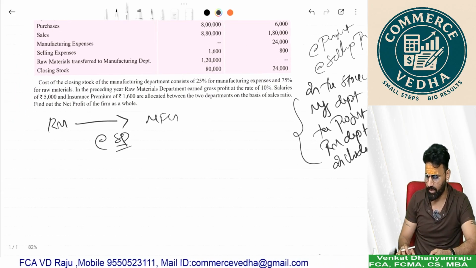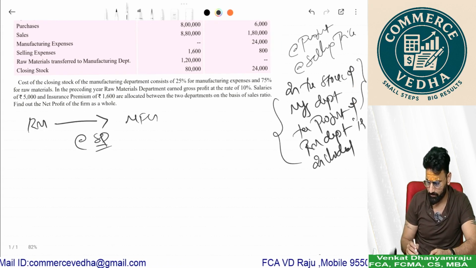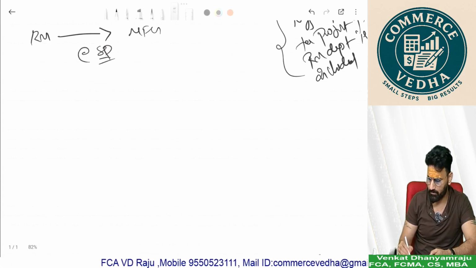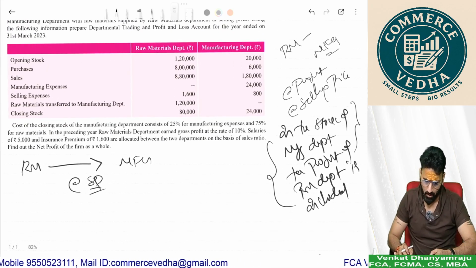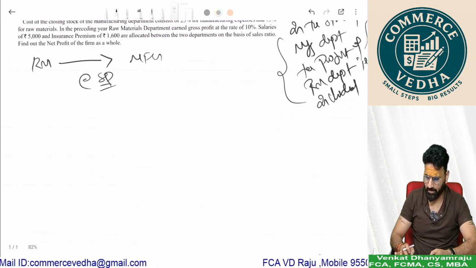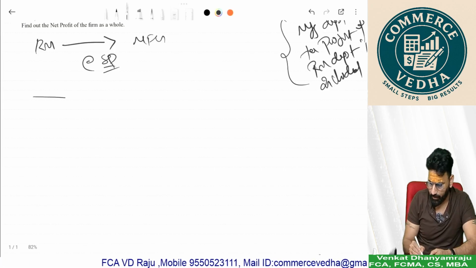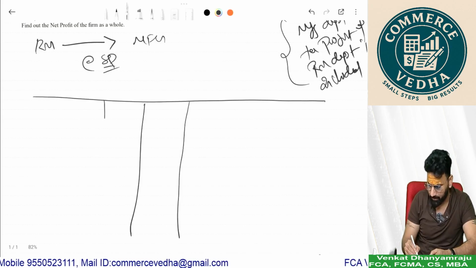Let us do the solution for this question. What we should prepare here is to find out the net profit of the firm as a whole. So I'll prepare a trading P&L account with two departments.